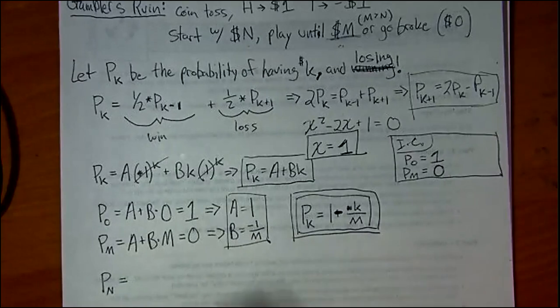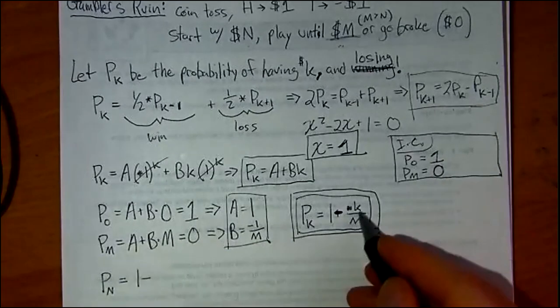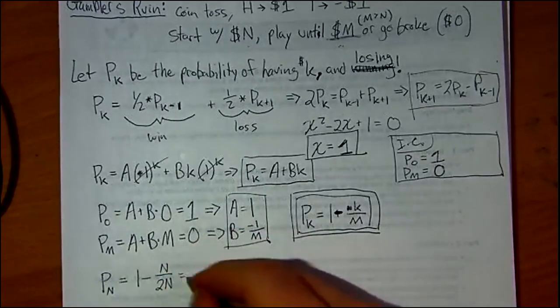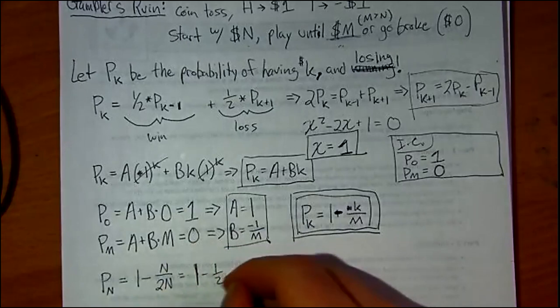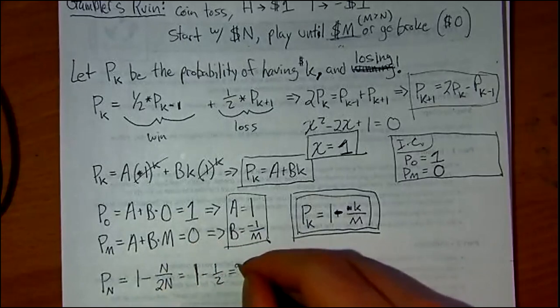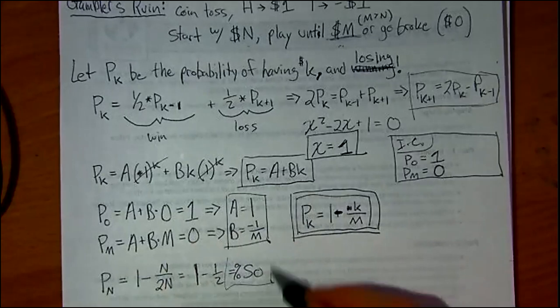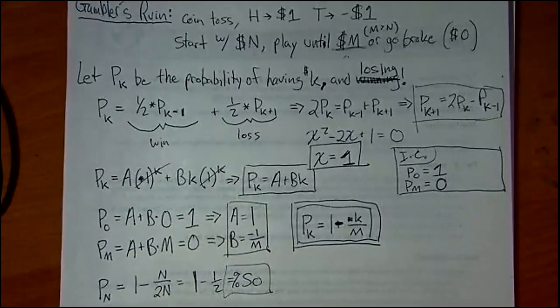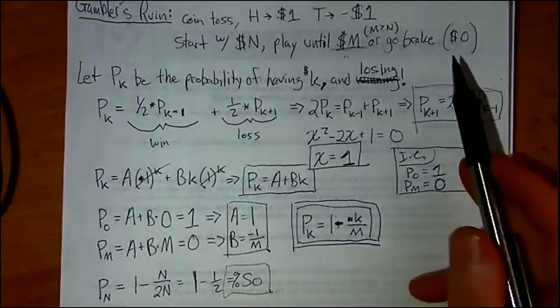It would be 1 minus n over 2n, right? So 1 minus a half is 50%. So in this particular game, if you try to double your money, then you have a 50-50 shot of doubling your money, which if you think about it for a minute, is a 50% chance of doubling your money and a 50% chance of going broke.